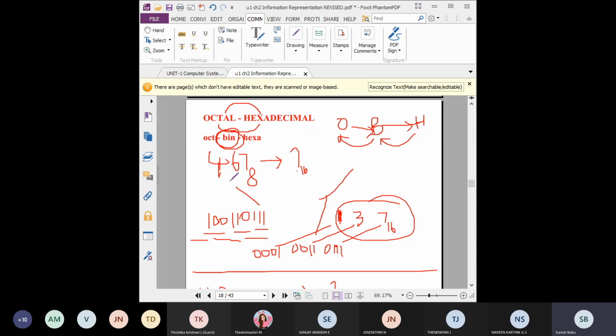So you know the intermediate value. First this octal number will be converted to binary. You will get three binary digits for each. Then what is the methodology for binary to hexadecimal? You can easily get the equivalent value. See here, we get three numbers.